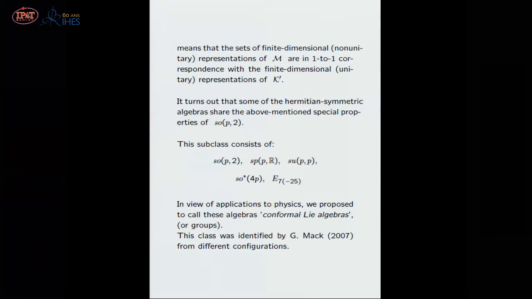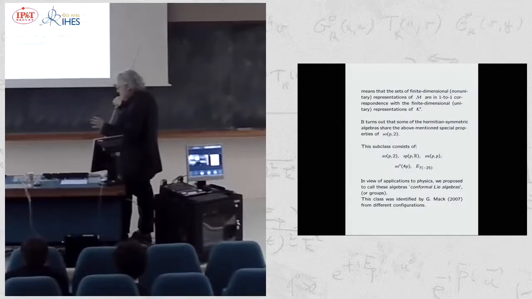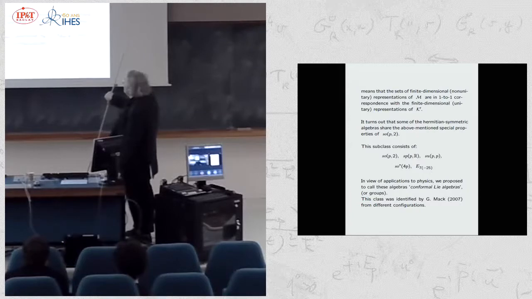means that the finite dimensional unitary representations of K prime are the same as the finite dimensional non-unitary representations of M, of the Lorentz. Now, it turns out that some of the Hermitian symmetric algebras share the above mentioned special property. This subclass is smaller.